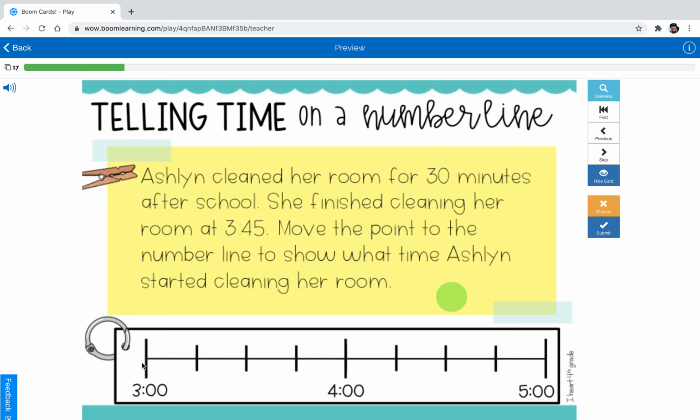So here's 3 o'clock, 3:15, 3:30, 3:45. Okay, now I need to go backwards 30 minutes because it wants to know what time Ashlyn started cleaning her room. So she didn't start cleaning her room at 3:45. She started earlier than that, right? So we need to skip count by 15s backwards. 15, 30. So we moved that dot backwards. Let's see if I got it. So now the time she started to clean her room was 3:15.